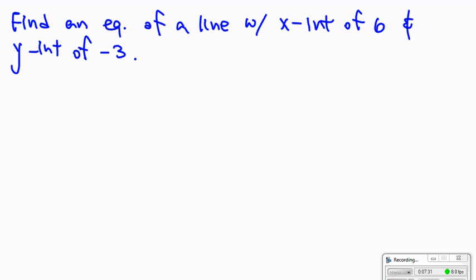Oh, wait a minute. If I were to give you this question, you will realize that the y-intercept is negative 3, then that is equal to the value of b. The only thing that we need to find is the slope then.